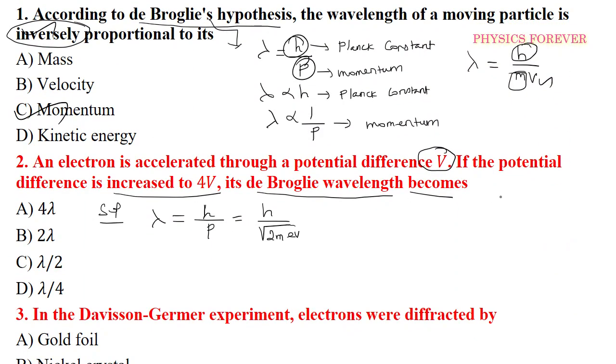Here the potential difference is increased by 4V. We take lambda dash equal to h by root 2meV, with the potential difference increased by 4V.